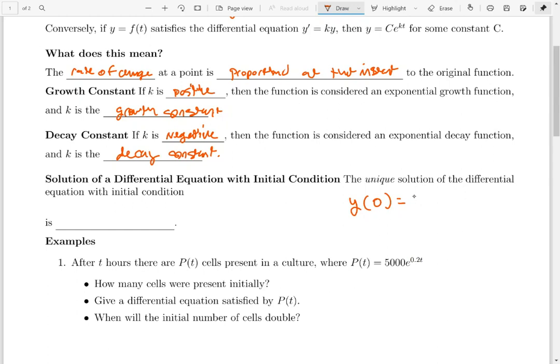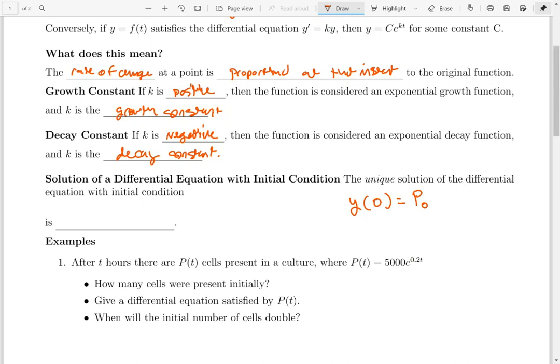And the value we're going to call p naught or p sub 0. And so p naught is specifically the constant value of the function when you plug 0 into that function. And so recognize that if you go up to our y above, which is c times e to the kt, you'll see that if you plug in t as 0, you'll just get a constant c.